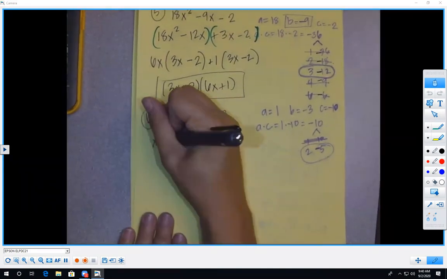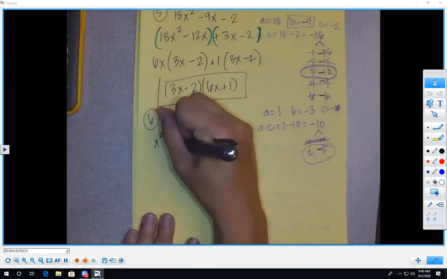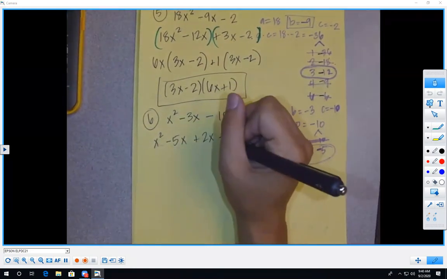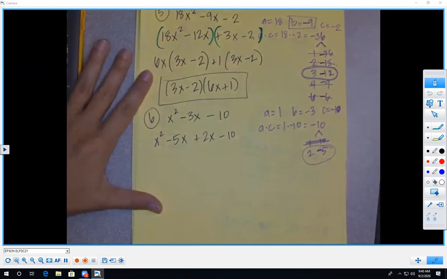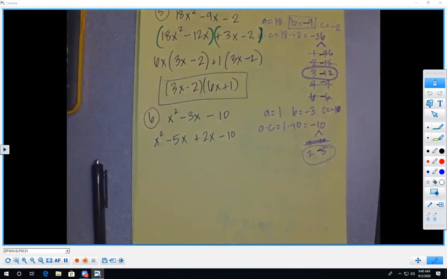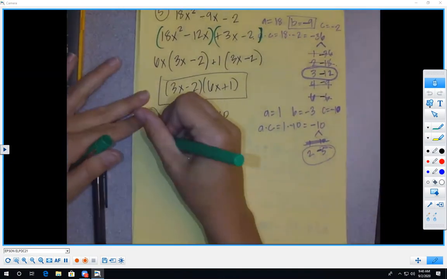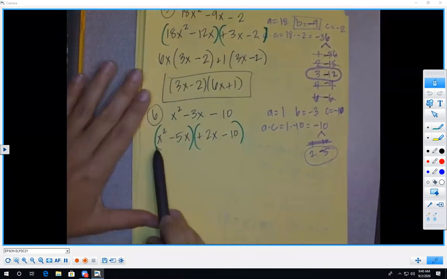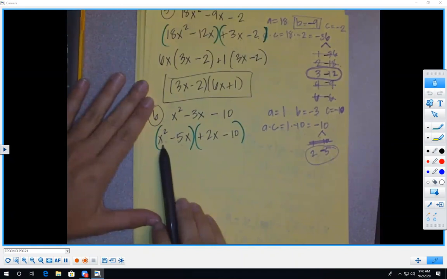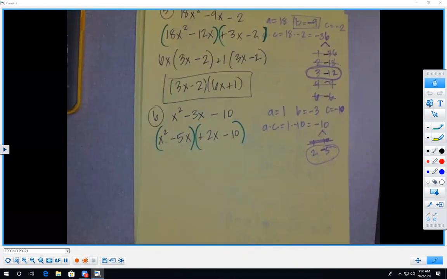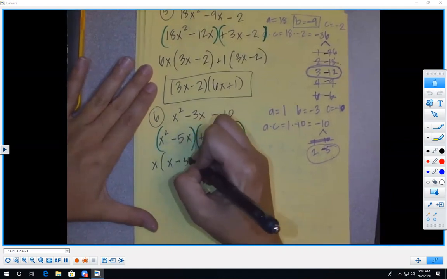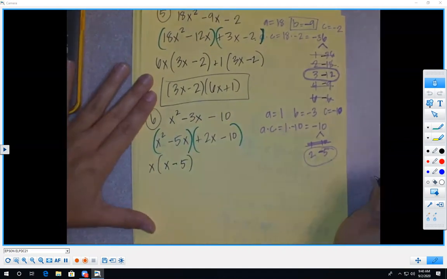So x squared minus 5x plus 2x minus 10. If I factor by grouping now, two sets of parentheses. The first two, x squared minus 5x. What's the GCF there? X. Left over is x minus 5. 2x minus 10.